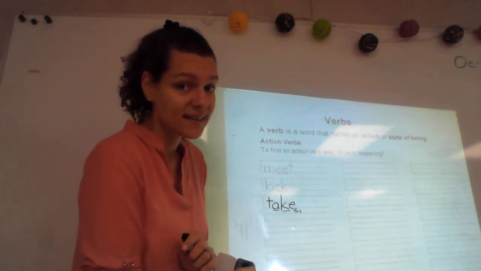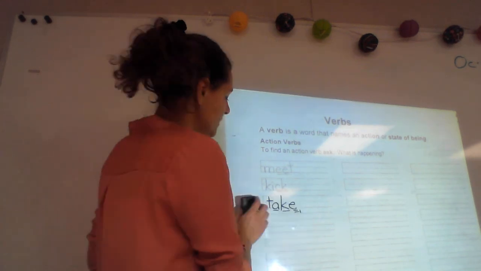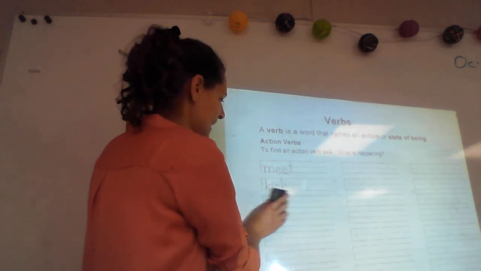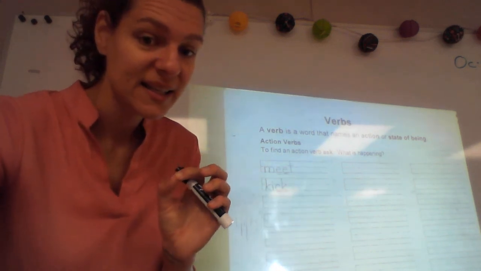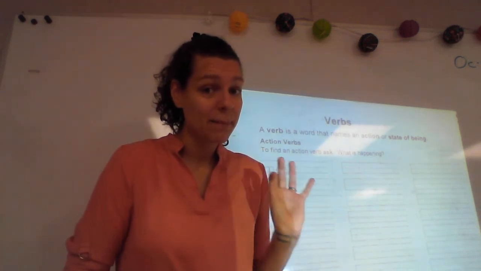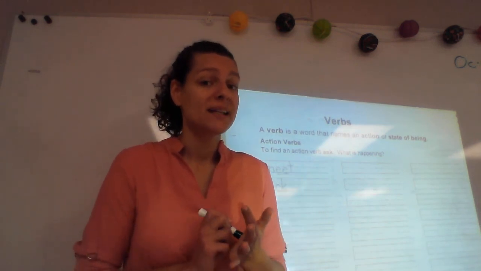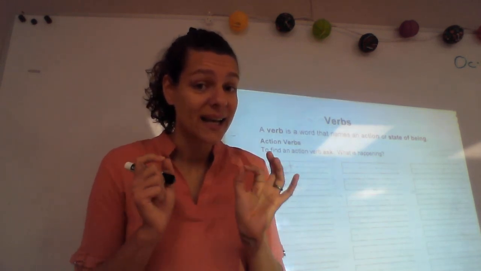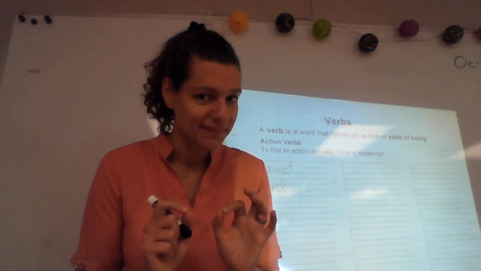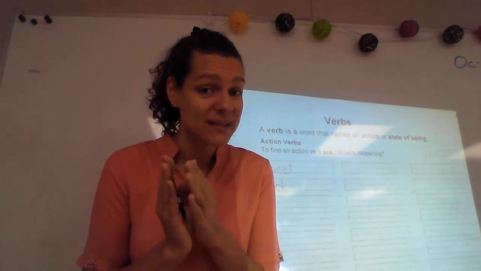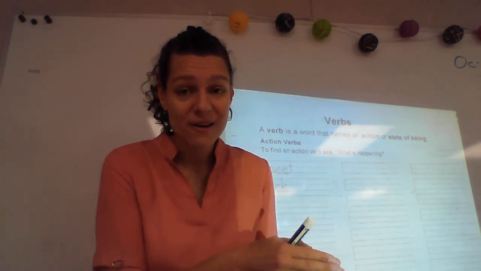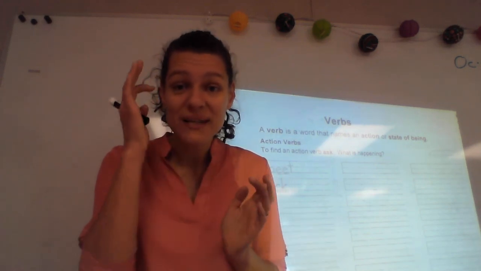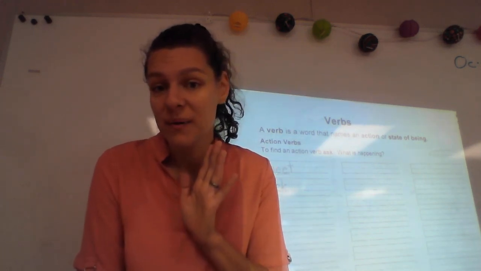What was that? Good, took. Took is our past tense of take. Since we do not use edit past tense ending, that means take is an irregular verb. All right, regular verbs use edit. Irregular verbs don't. So take is a what kind of verb?